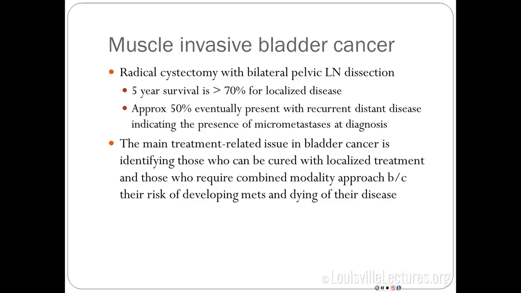Okay? So neoadjuvant chemotherapy is usually delivered with a chemotherapy regimen called MVAC, which we'll go through, or gemcitabine cisplatin, but whatever it is, cytotoxic chemotherapy given neoadjuvantly. And there's different things that have to factor into play. For example, from your time of diagnosis to your radical cystectomy, no more than 12 weeks should elapse.